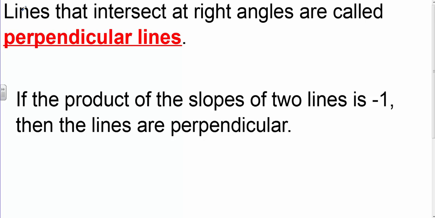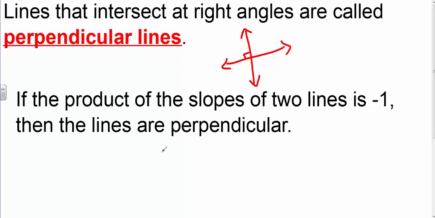Okay, lines that intersect at right angles are called perpendicular lines. So that means they will cross like this at right angles. Okay, so all four of these angles are right angles right here. If the product of the slopes of two lines is -1, then the lines are perpendicular.